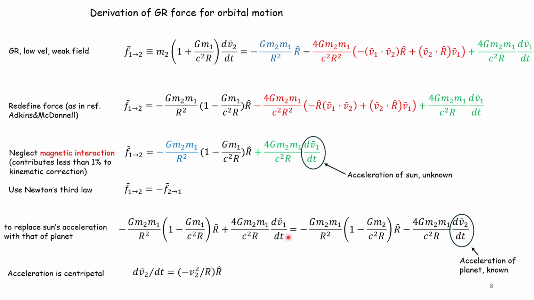And then we get a complicated expression, but most terms here are of the order 1 over c to the fourth, that we can neglect. Solving this equation for dv1/dt, we insert that here. We neglect everything which is higher powers than 1 over c squared.